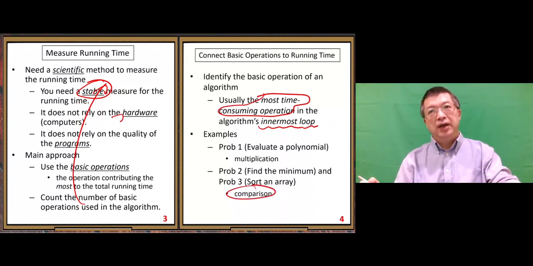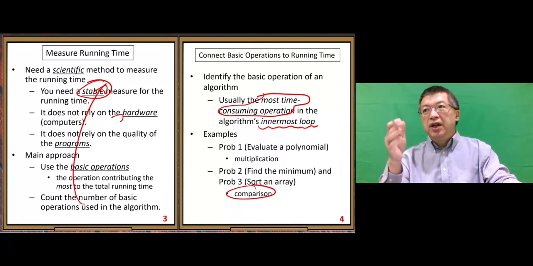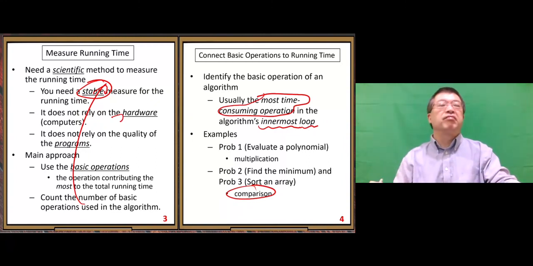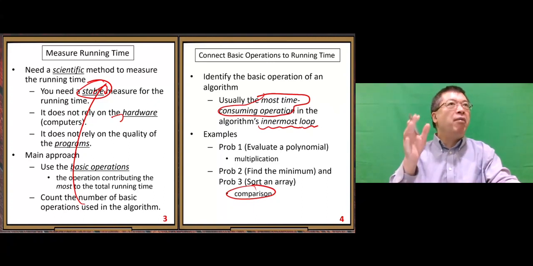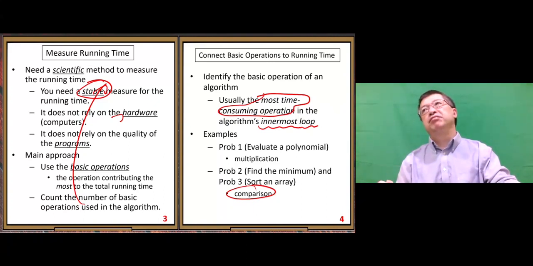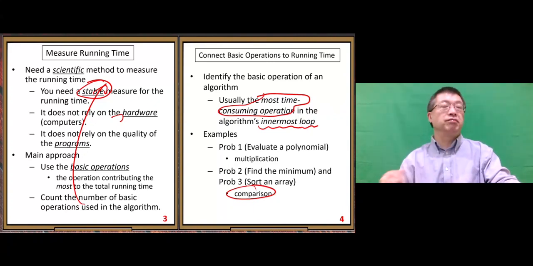In that case, you just count the number of those operations. For example, for problem 1, you do not need to count the number of additions because it is not the basic operation. It's a minor term, so we can ignore it.